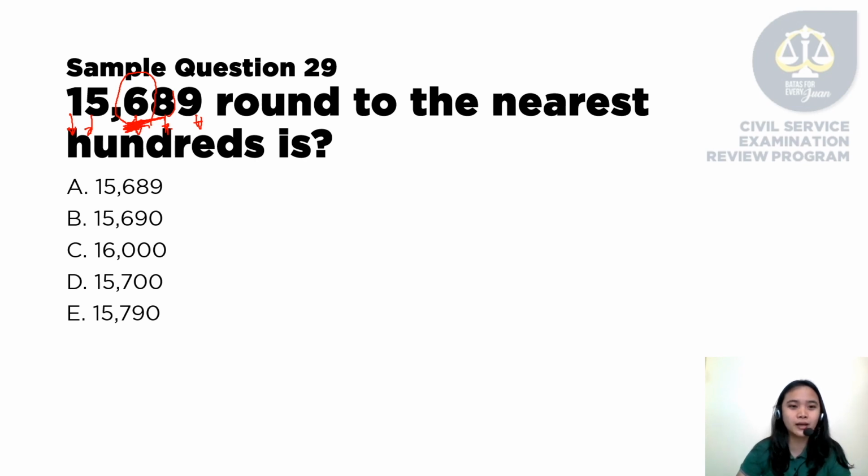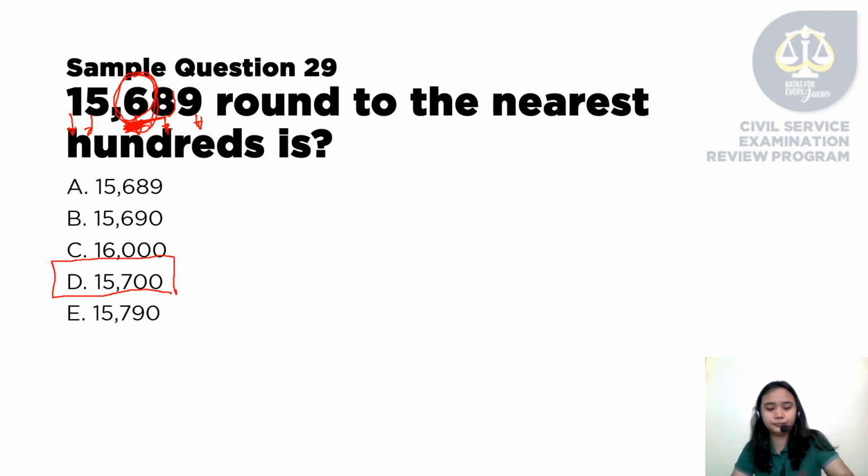So, magpa-plus 1 tayo and then 0, 0 na yung rest. Yung choices natin dito, A natin is 15,689, B is 15,690, C 16,000, D 15,700, and E 15,790. Since ni-round off natin to the nearest hundreds, yung sagot natin ngayon ay 15,700. That is yung letter D.